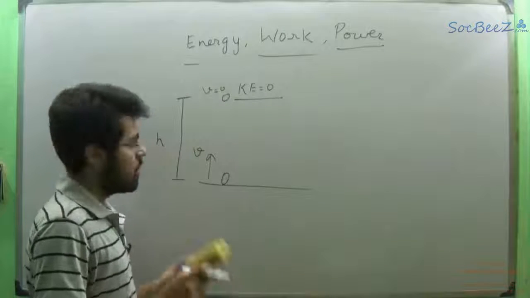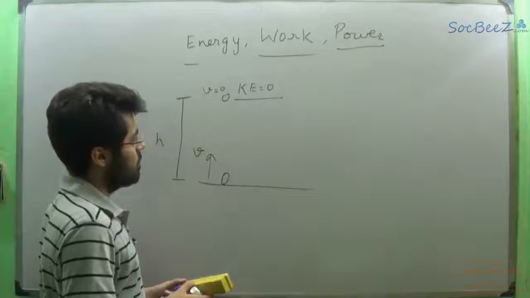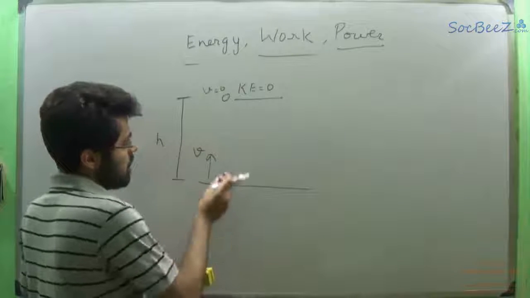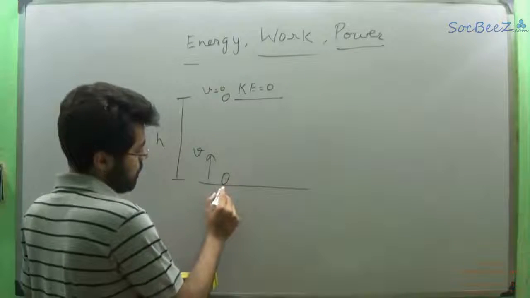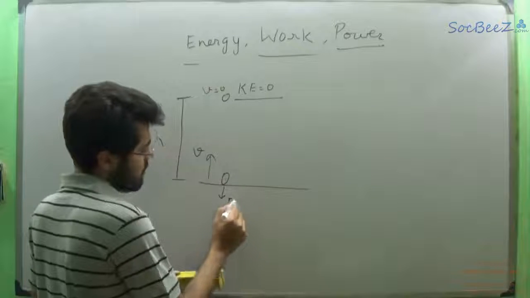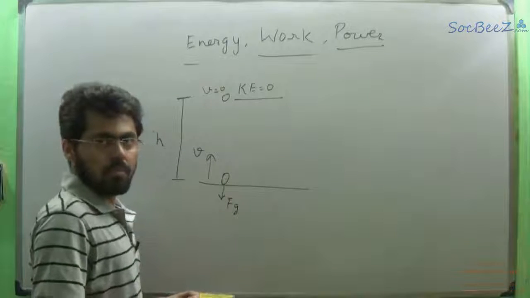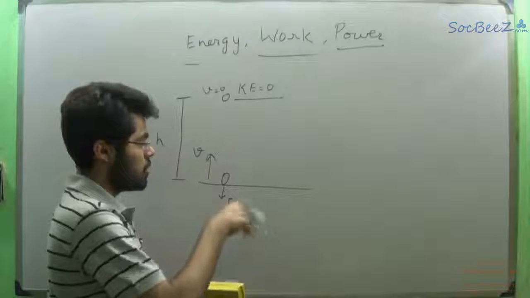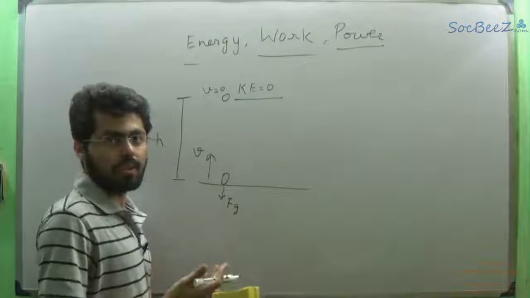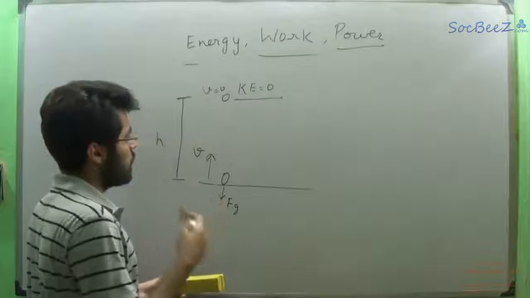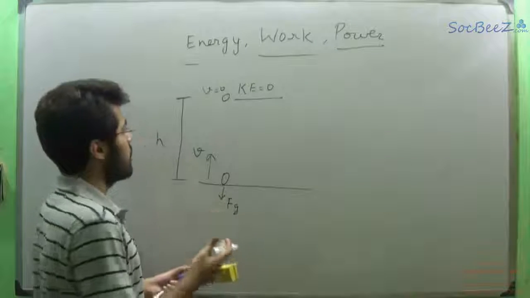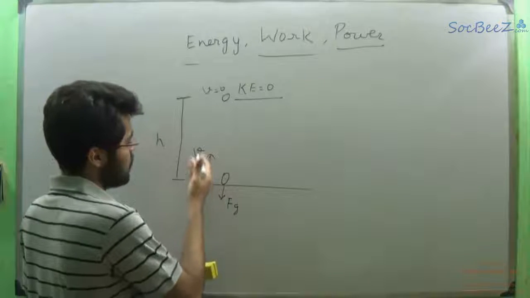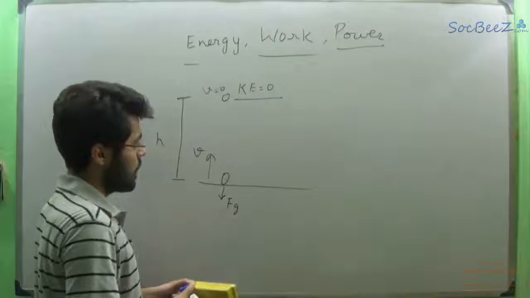So again, what's happening? As soon as the ball starts going up, the force of gravity starts to pull it down. So the direction of velocity and direction of force are opposite, it means it's a retardation. So this retardation produces negative acceleration, and that is actually decreasing the velocity.